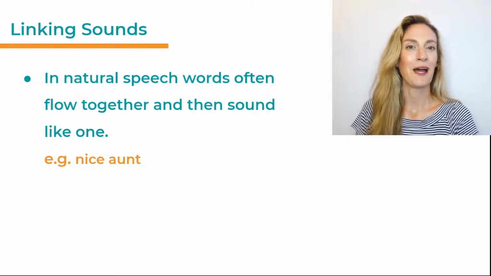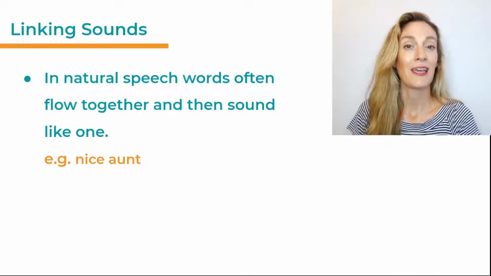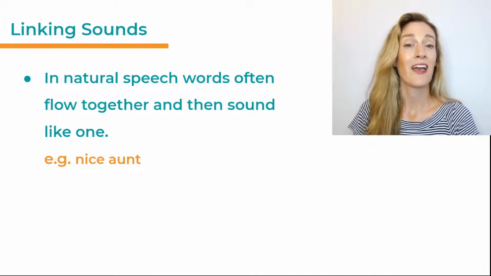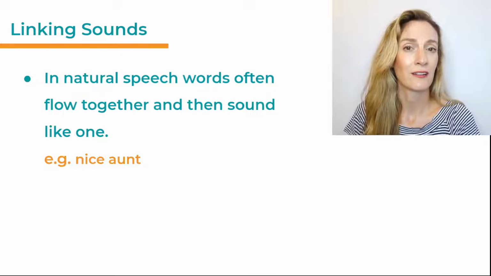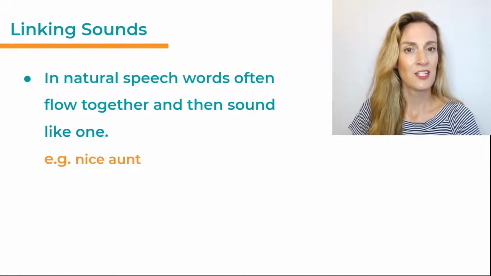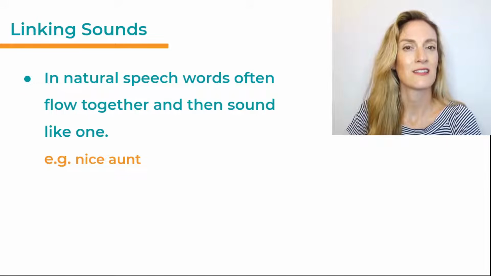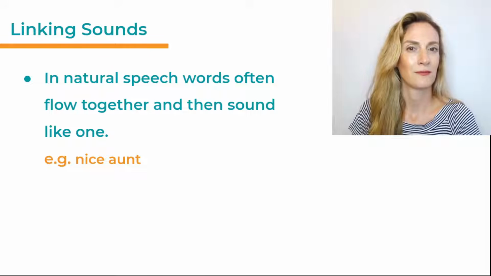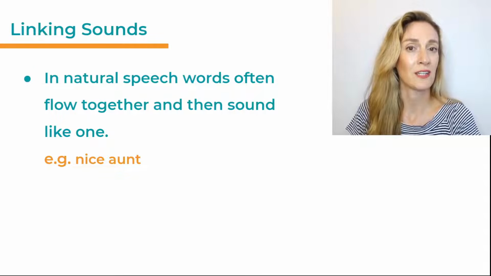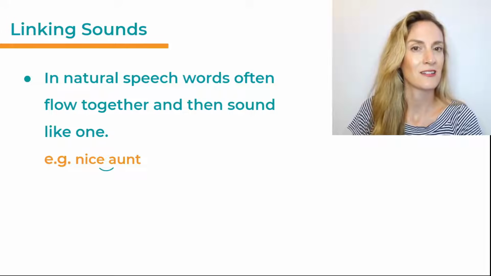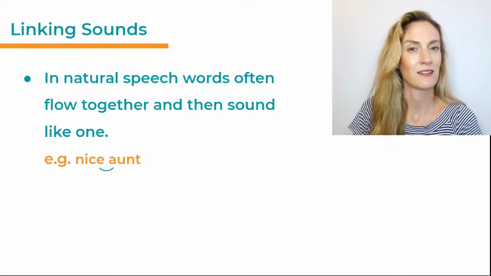What do we mean by linking sounds? In natural speech, words often flow together and then they sound like one. For example, nice aunt. The adjective nice ends in s, and aunt starts with the vowel a. When we say these two words together, what we say is nice aunt, nice aunt.